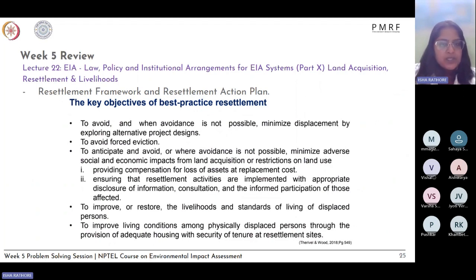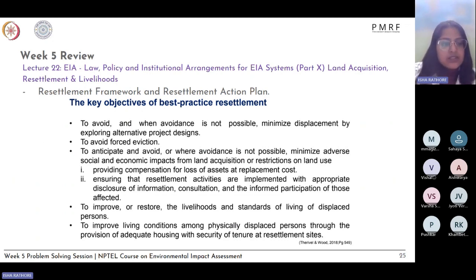This is by providing compensation for the loss of assets at the replacement cost, or ensuring that the resettlement activities are implemented with appropriate disclosure of information, consultation by the parties being affected, and the informed participation of those who are affected.